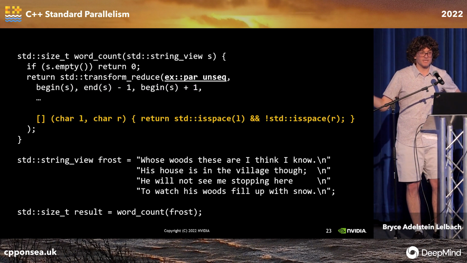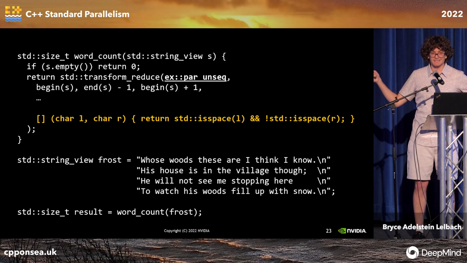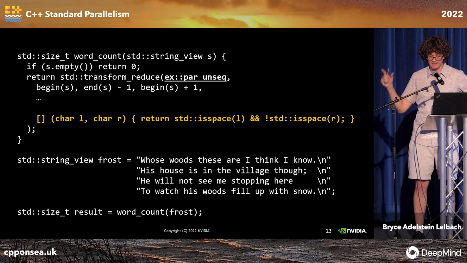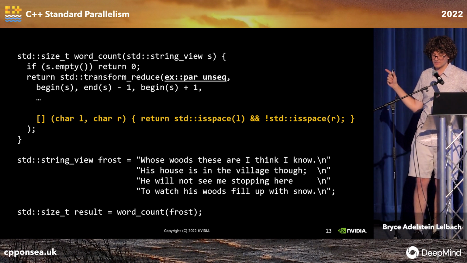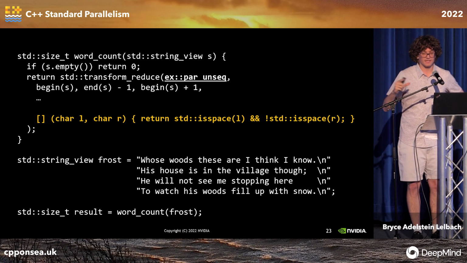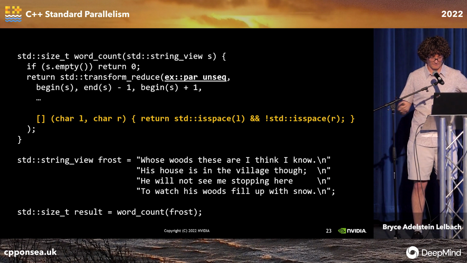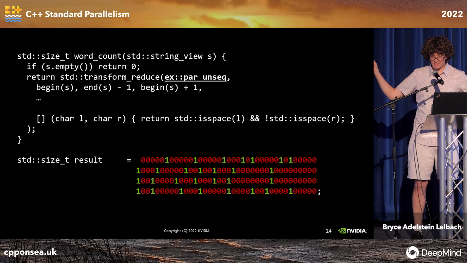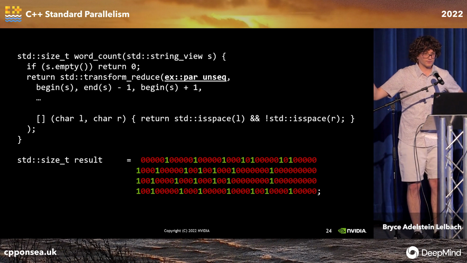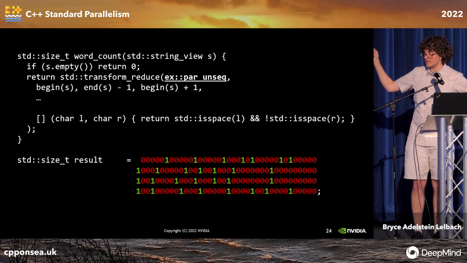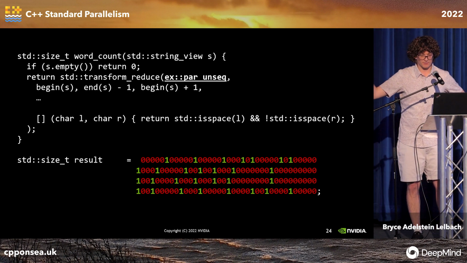So our transformation function's job here is going to be to tell us whether the 2 adjacent characters that it's looking at are at the beginning of a word. If the left character is white space and the right character is not white space, then the right character is the beginning of a word. And the pseudo sequence that's going to be produced by this transformation is going to look like this. For every word, one and only one invocation of that transformation function is going to return true.